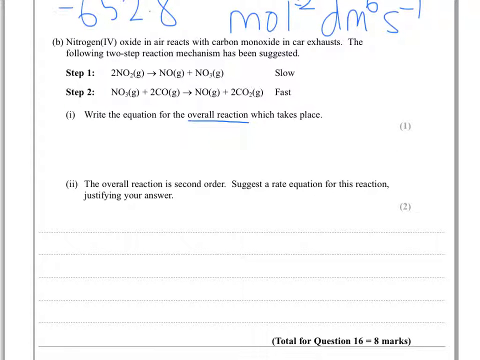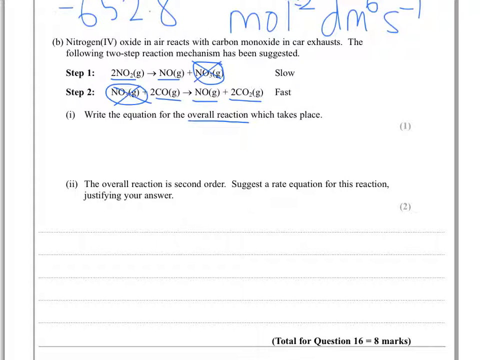If we look at what we have here, we have 2 NO2 turning into 1 NO and an NO3. But the NO3 is actually used up in the next step, so we would not include that in the overall equation. You are then adding 2 COs, making another NO and 2 CO2.